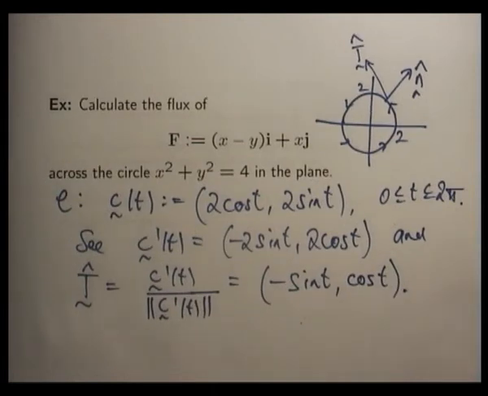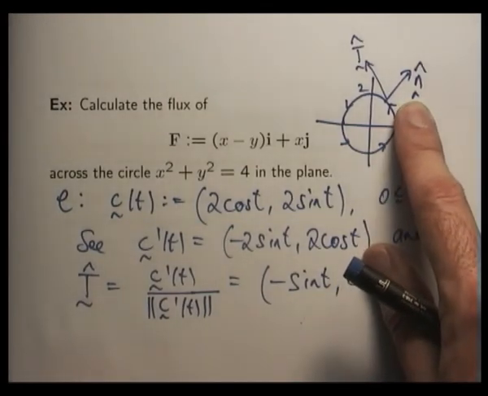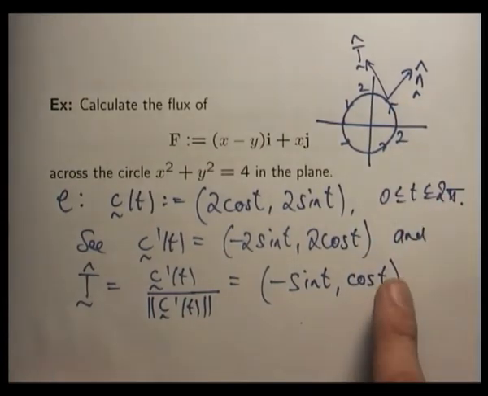Now, to produce our outward pointing unit normal, we take the cross product of this and the k vector.